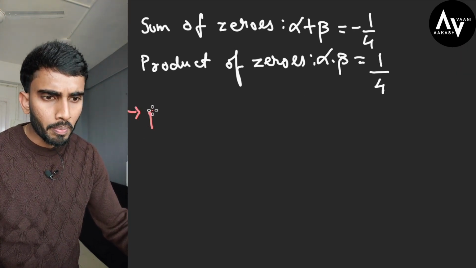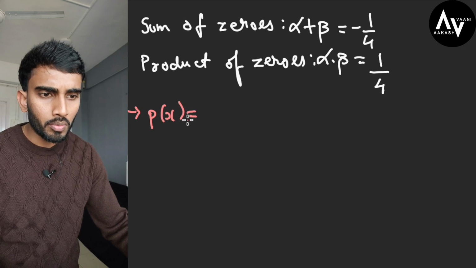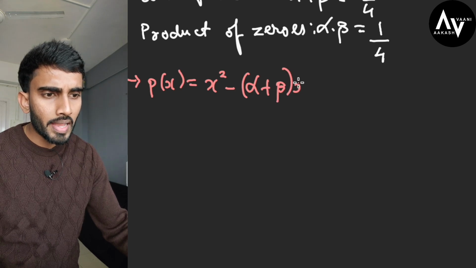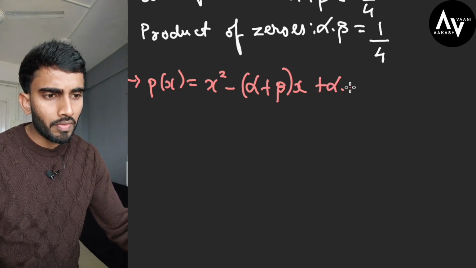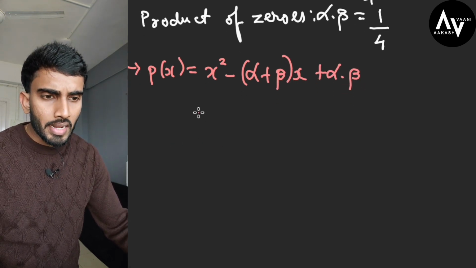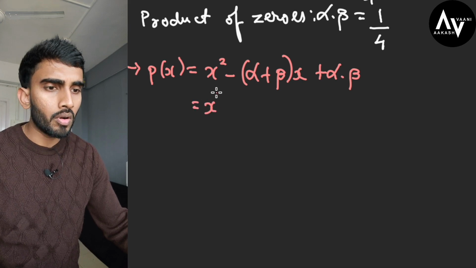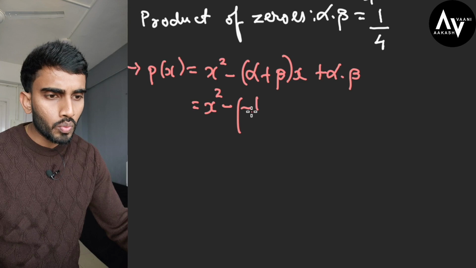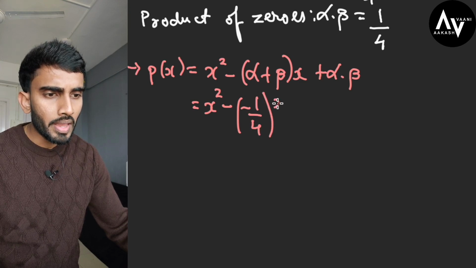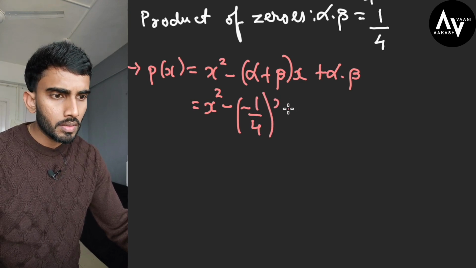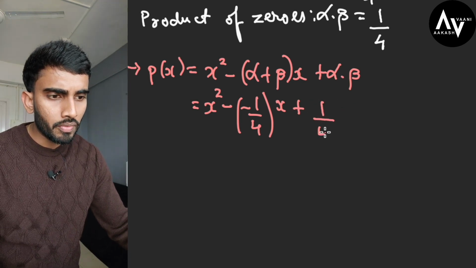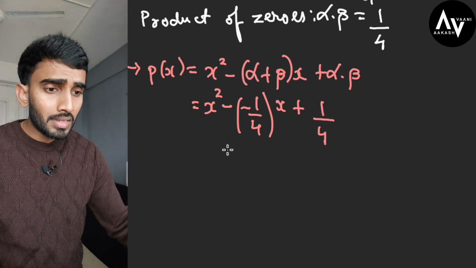We have p of x is equal to the formula x square minus alpha plus beta x plus alpha beta, and let us put the value of alpha plus beta as minus 1 by 4 x plus alpha beta as 1 by 4. Now I will take the LCM here.